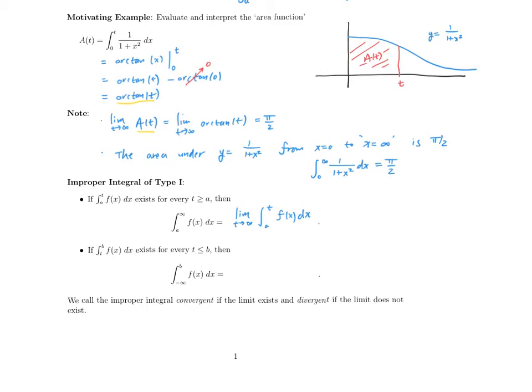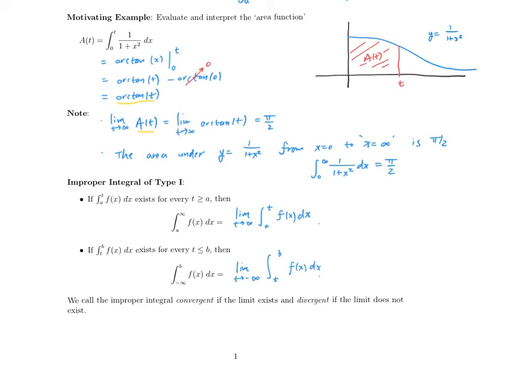Now, note you can similarly define an integral from minus infinity to some number as long as you can integrate from t to b for every t value less than or equal to b. And in that case, we would write this as the limit as t approaches minus infinity of the integral from t to b of f of x dx.